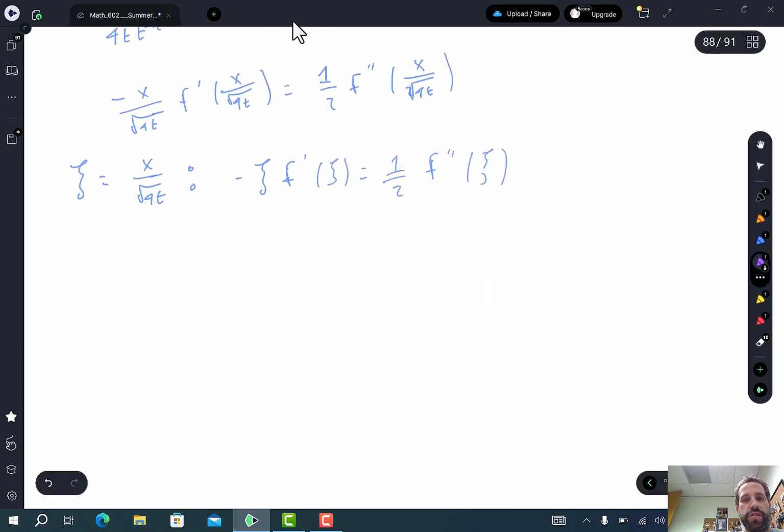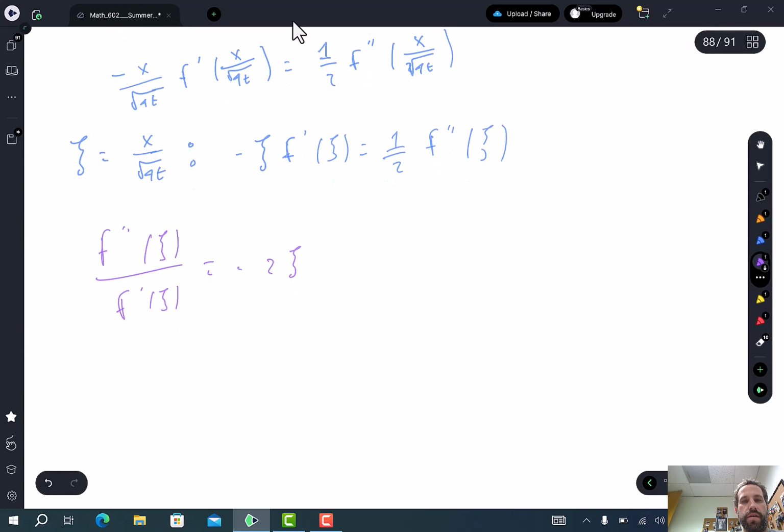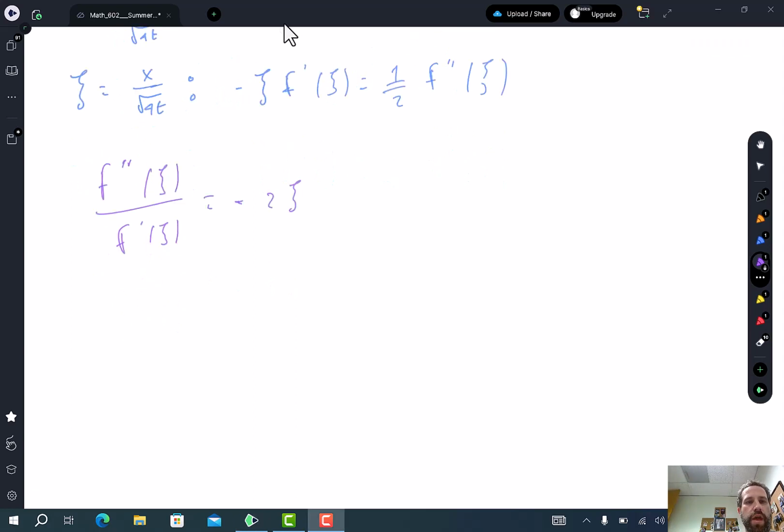Okay, I'm going to switch colors here. So now I can rearrange this, and this is going to give me f double prime of c over f prime of c, which is equal to minus 2c. But now the left-hand side is the derivative with respect to c of the natural log of f prime of c.